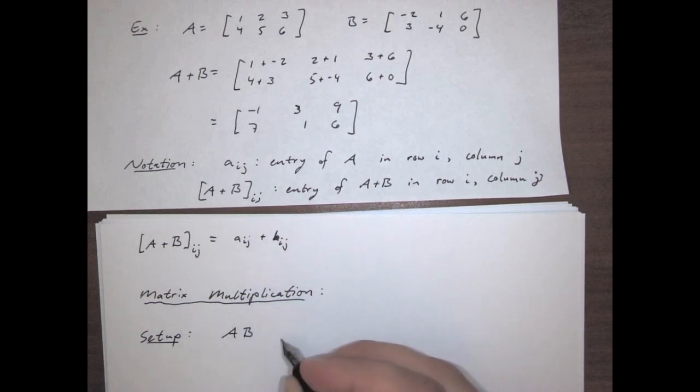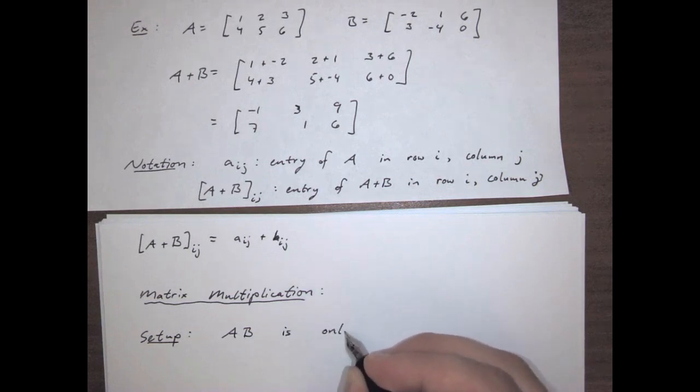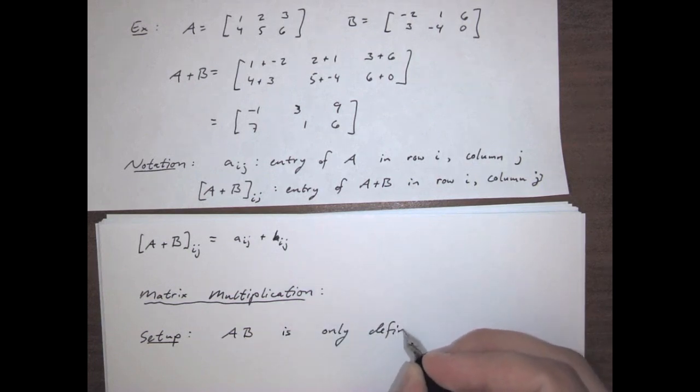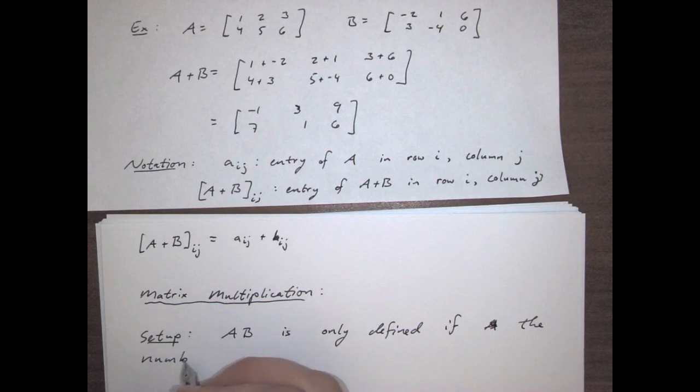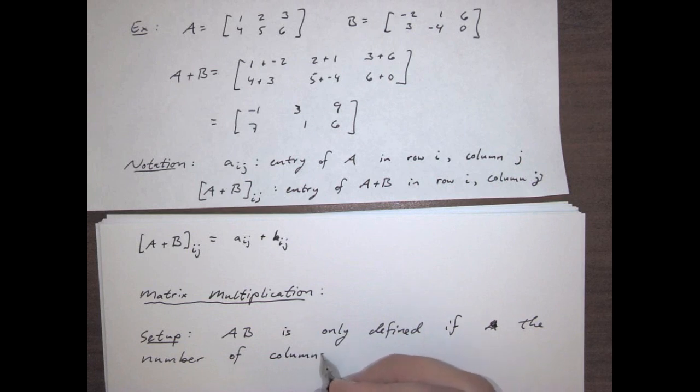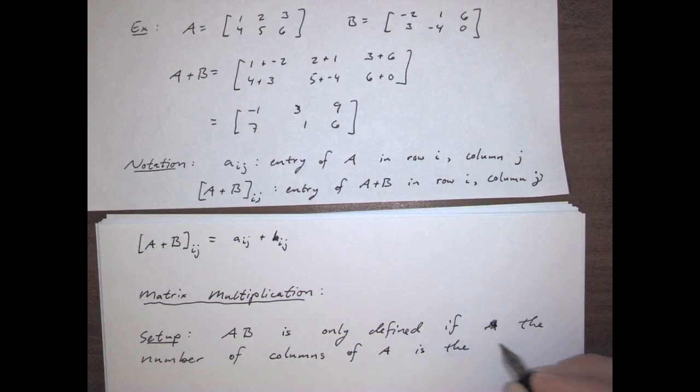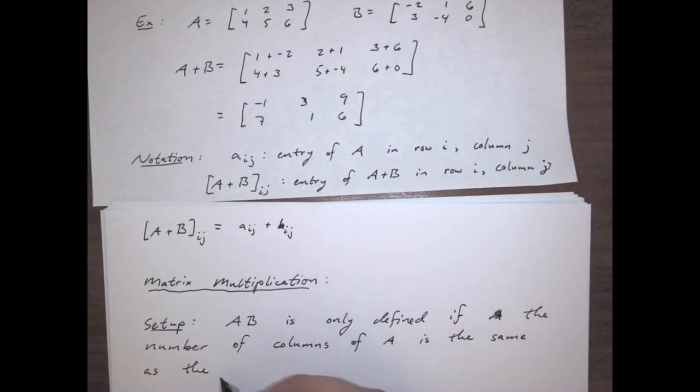AB is only defined if the number of columns of A is the same as the number of rows of B.